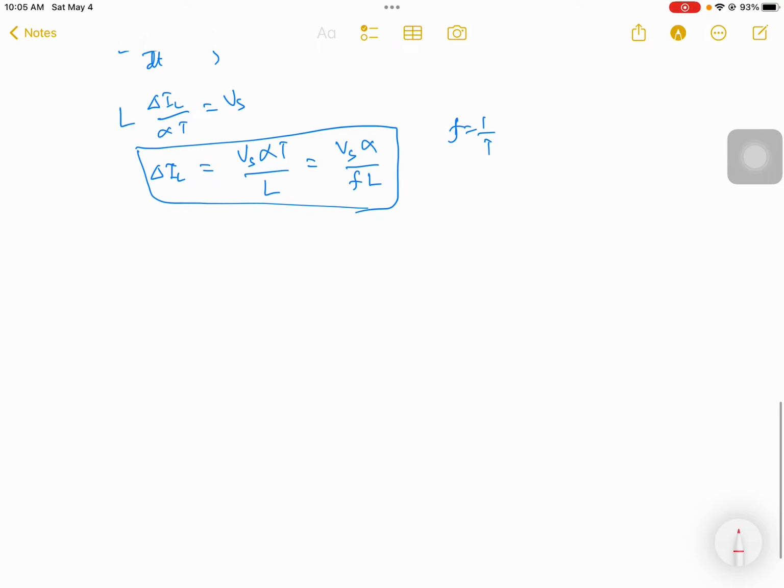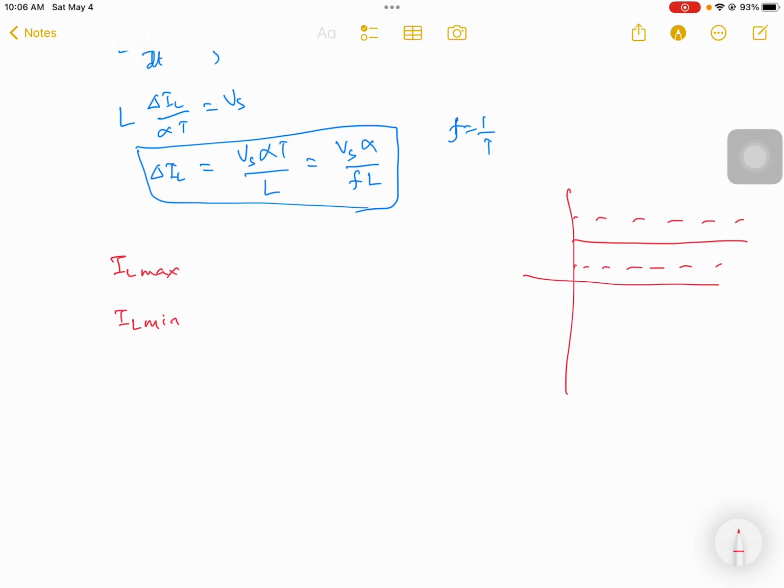And next, let's also calculate the maximum value of the inductor current, IL max, and also IL min. If you check the graph that we have here, your inductor current increases like this and then decreases when S is turned on or turned off.